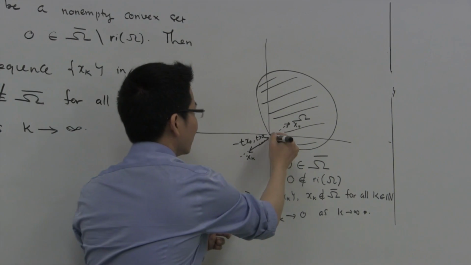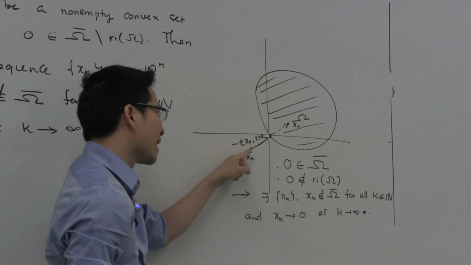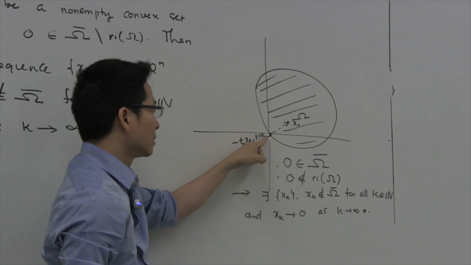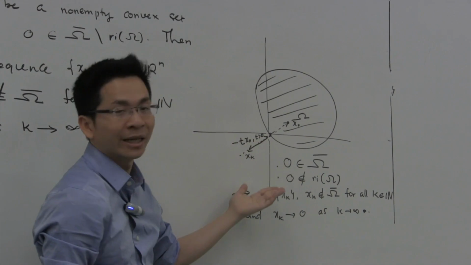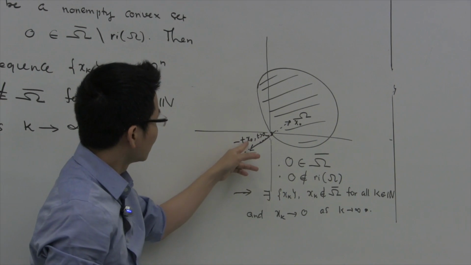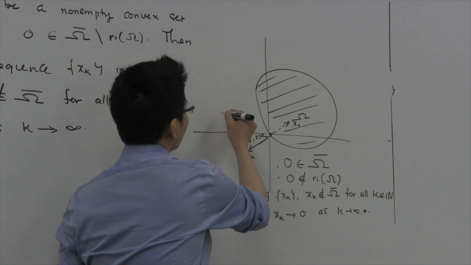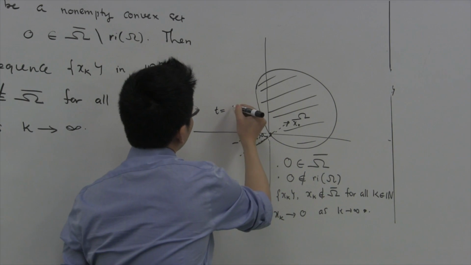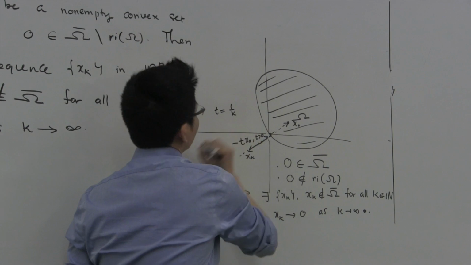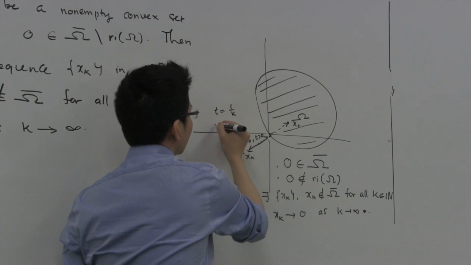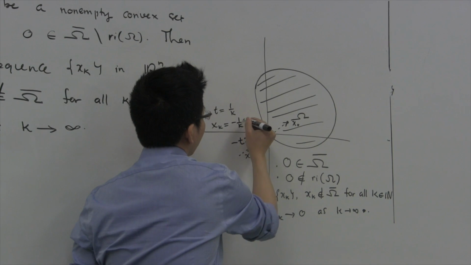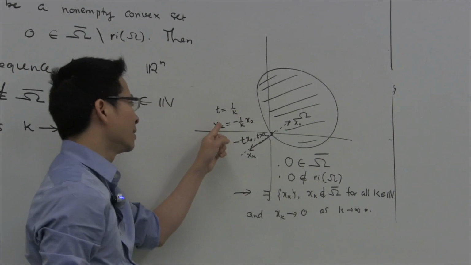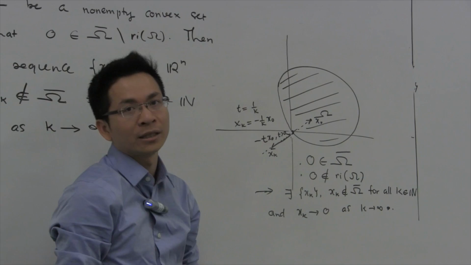From this figure, we see that minus t x0 doesn't belong to the closure of omega, and therefore, if we pick t to be 1 over k, the sequence xk equal to minus 1 over k x0 satisfies the required property.